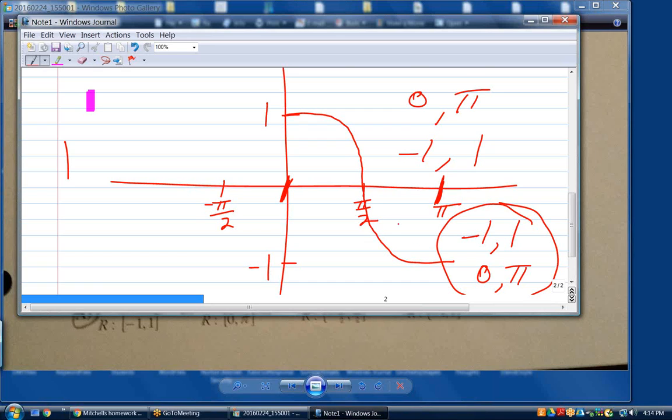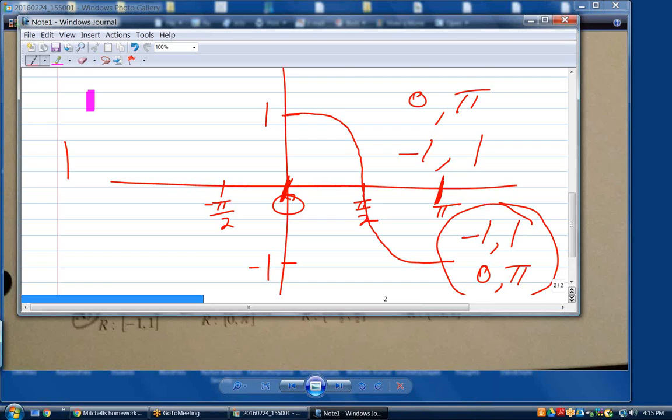Now, mathematicians came up with this domain restriction. They restrict cosine from 0 to pi for a reason. If they restricted it from minus pi over 2 to pi over 2, then its inverse wouldn't be a function. It would not be 1 to 1.